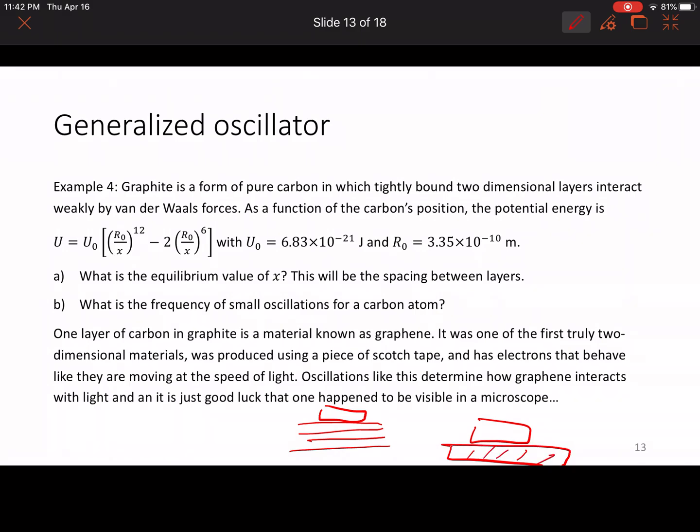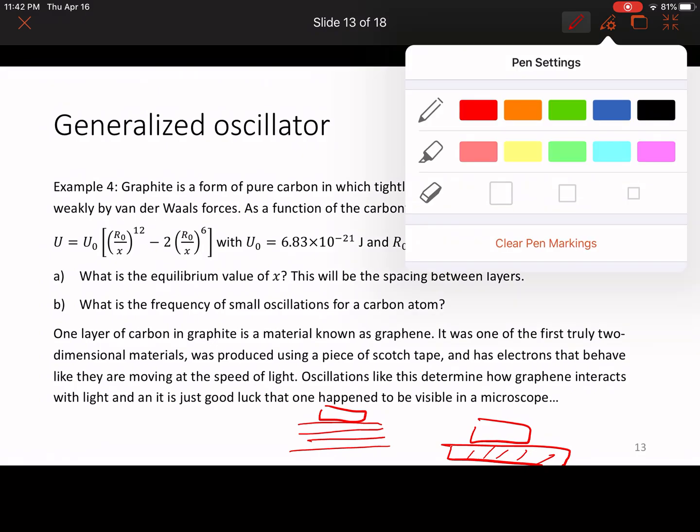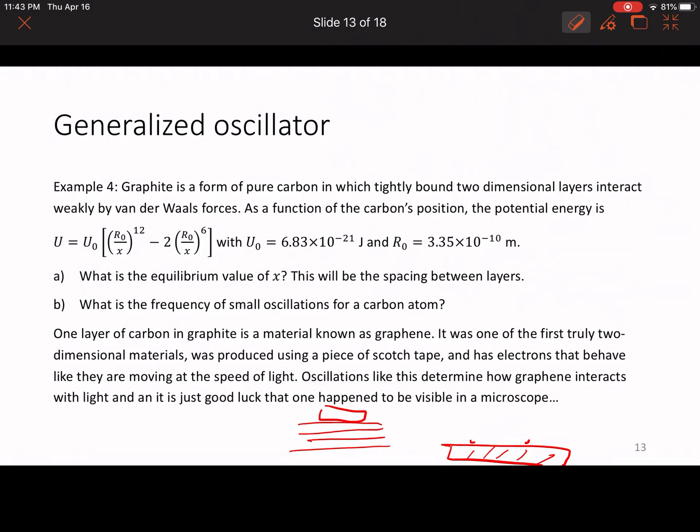Pull off that, and every once in a while, very rarely, but not infinitely rarely, it's going to leave behind a single atomic layer of graphite or of carbon, and that's known as graphene. So this was discovered, about 2010, I think, 2008, a handful of years ago, using exactly this little Scotch tape method.